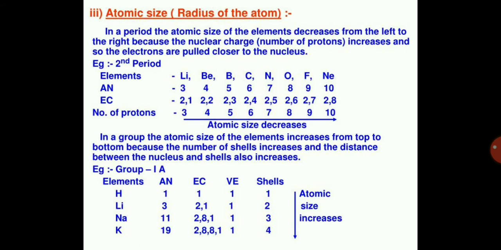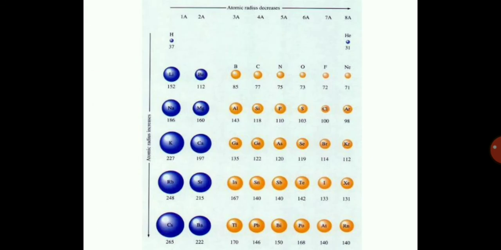The shells are increasing, same as we have seen in the valence electrons, and the same is in the atomic size or radius of the atom. You can see the atomic radius increases from top to bottom, from hydrogen, lithium, sodium, then potassium, and the biggest is calcium given over there. Have you understood? Atomic radius decreases from left to right. As we go from lithium to neon, the size decreases.